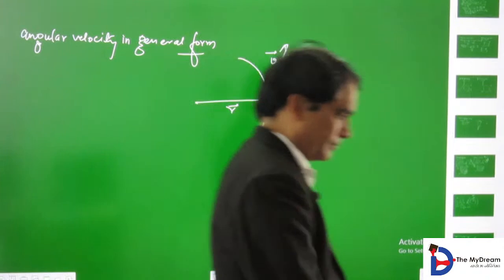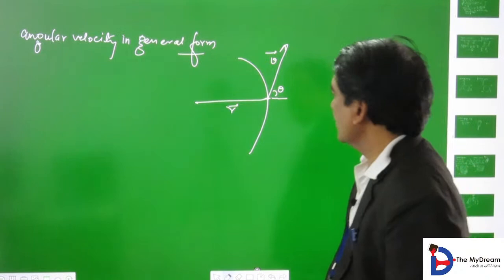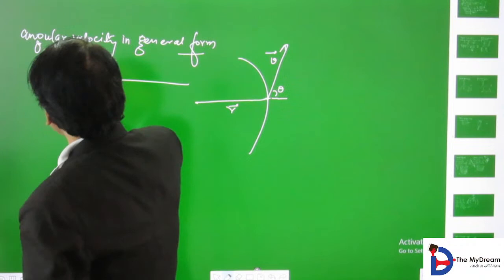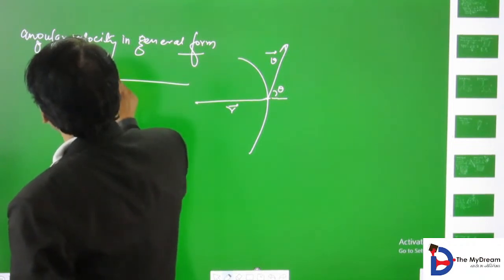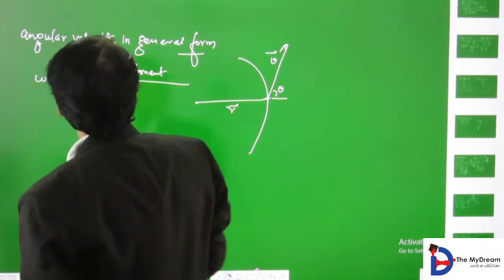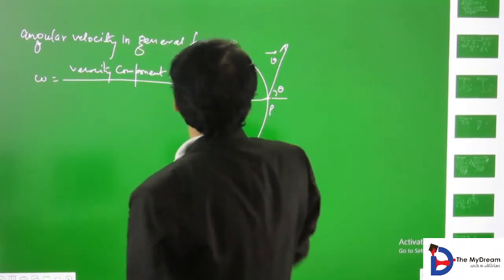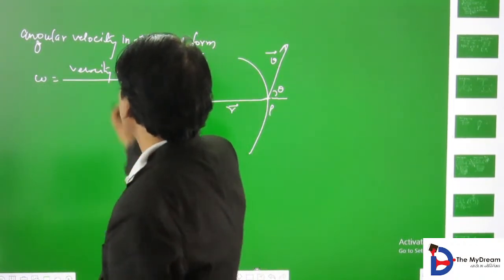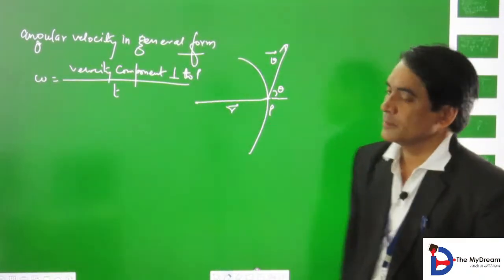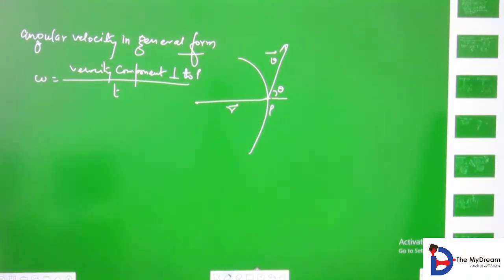So if you want to discuss the angular velocity, the velocity component perpendicular to P divided by T. Velocity component perpendicular divided by T.